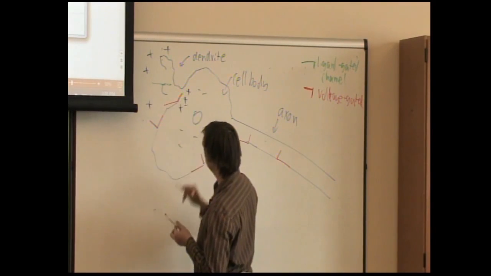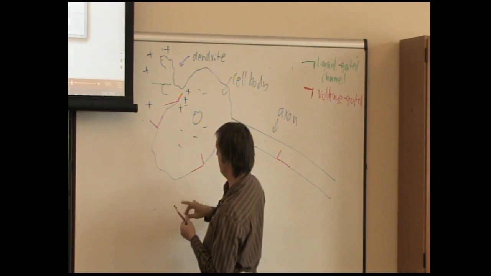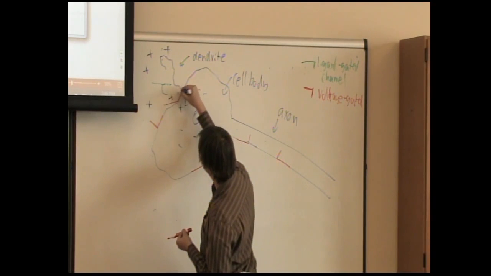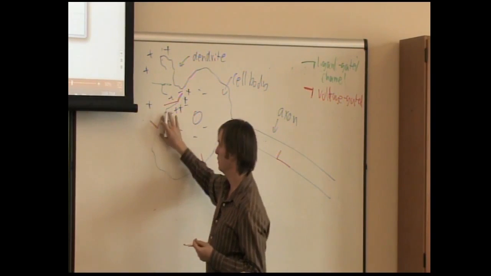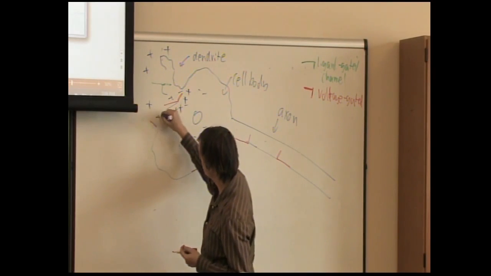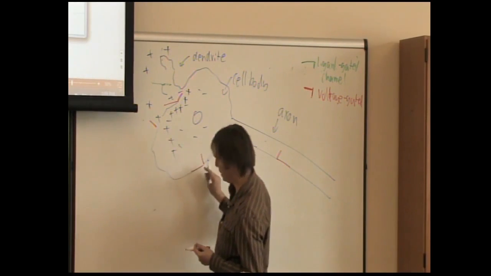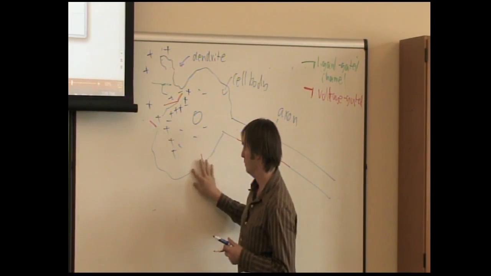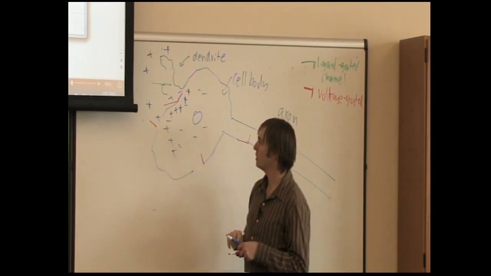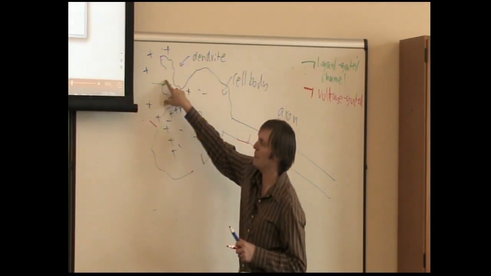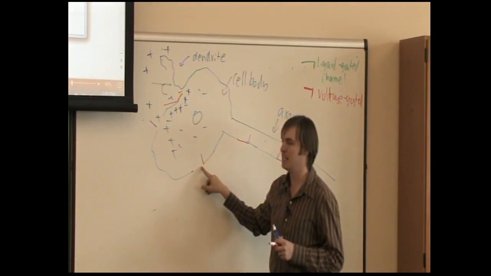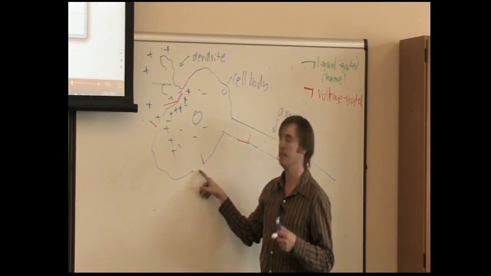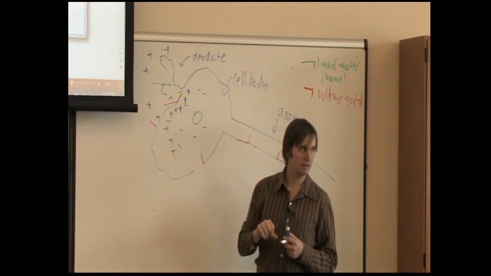So it's open, which is going to let more positive ions in. What's it going to do to the next one? That one's going to open, let more positive ions in, and the next one, right? So that's what happens to start an action potential, and then the positive ions opening the next voltage-gated channels is traveling down the axon.